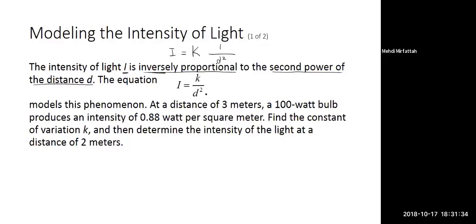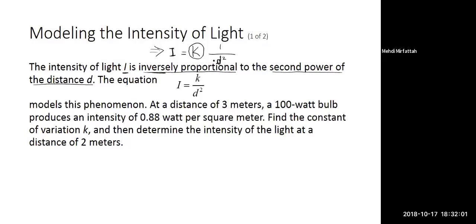Now, in order to solve for k, what do I have to know? Look at this equation here. Can somebody tell me what I need to know? What are the variables we have? We have I and we have d.